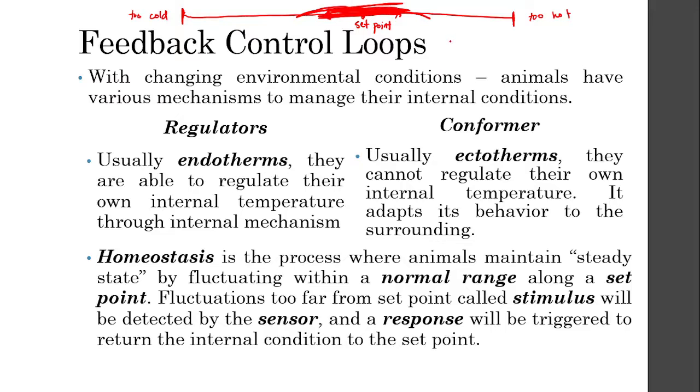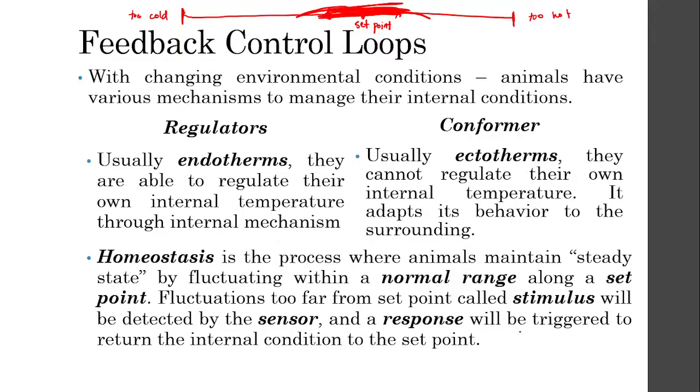And that's why when our body temperature falls outside of the normal range, we have feedback control loops. When the fluctuations fall outside the normal range and too far from the set point, that creates a stimulus which is then received by the sensor, and our body creates a response.